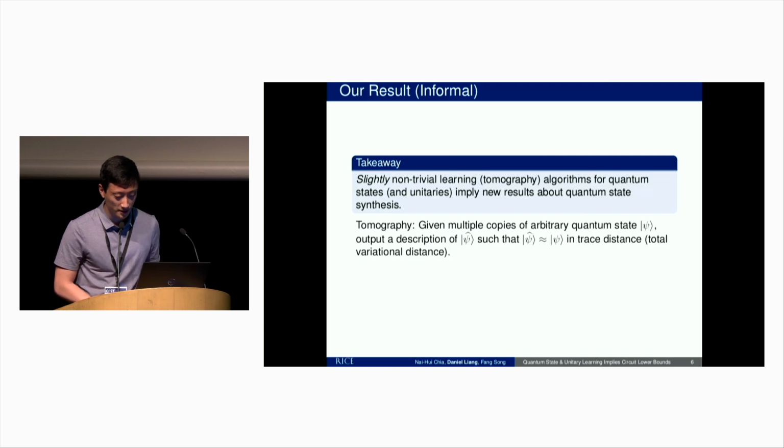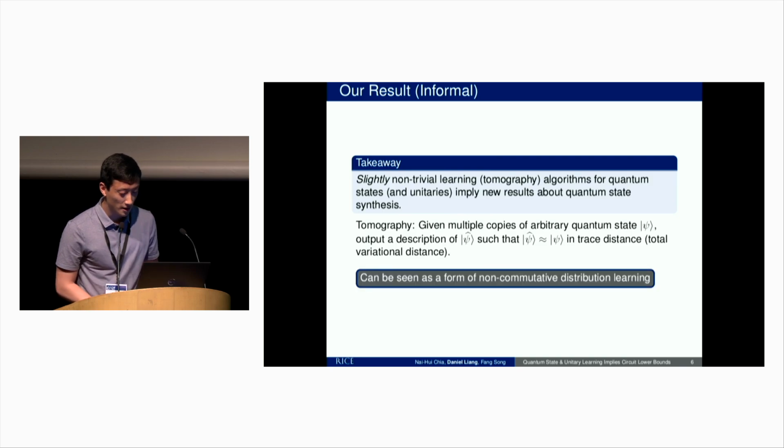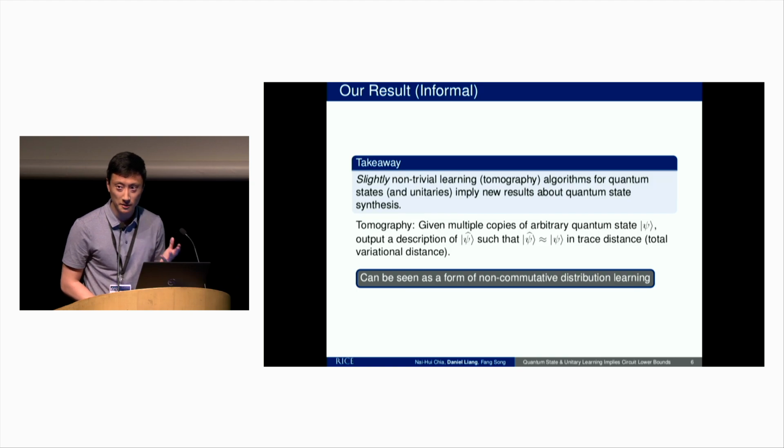And what I mean by this is, given copies of an arbitrary quantum state, you want to output a description of this quantum state that is close in trace distance. So this is the analog of distribution learning, classically, where you would be given samples from some distribution, and you want to output a description of this distribution that is close in total variation distance, or something like that. So it's almost like a non-commutative version of this, if you're interested in these kinds of problems.